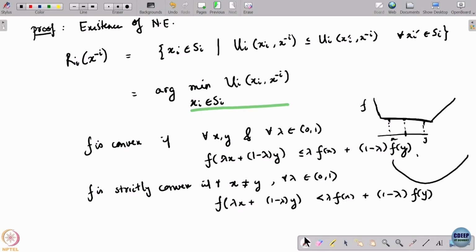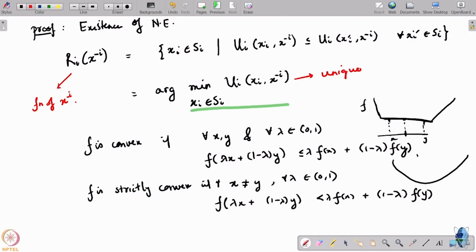So, the argmin is going to be unique. Because once this argmin is unique, then Ri is not a set valued map, but just a function of x minus i. Is this clear?